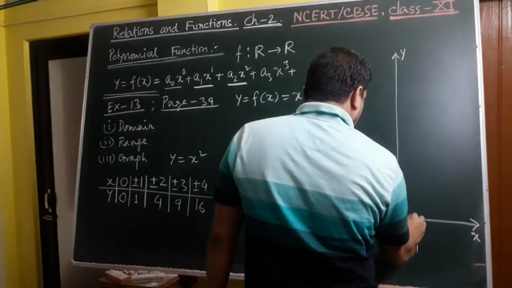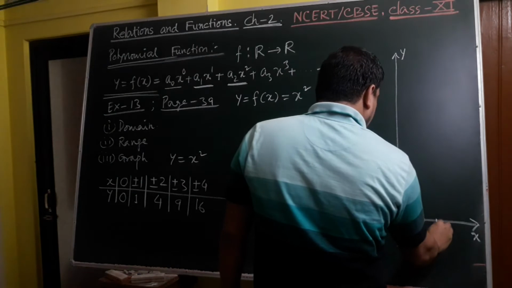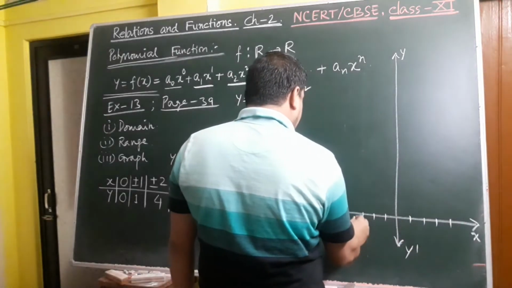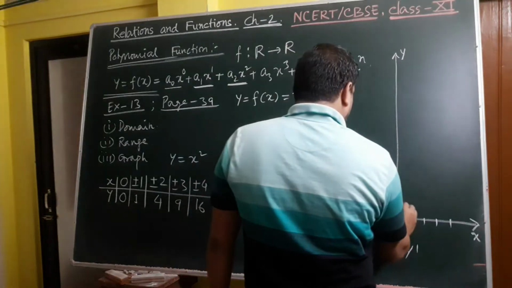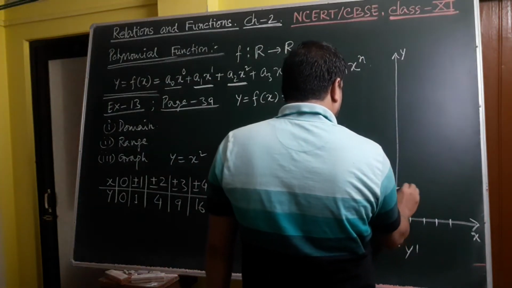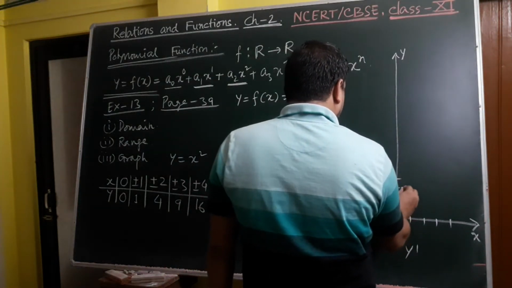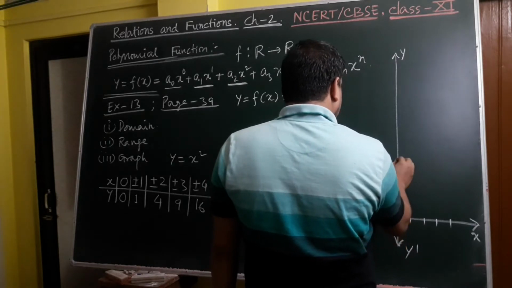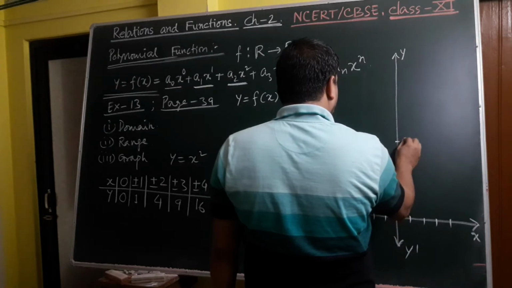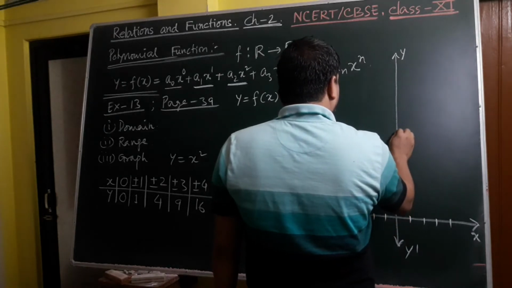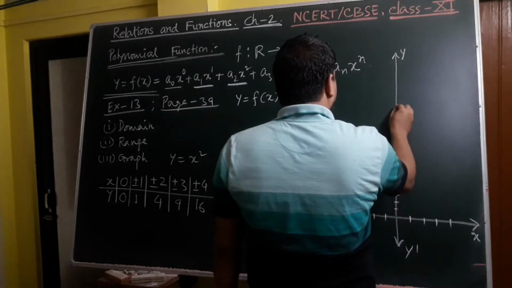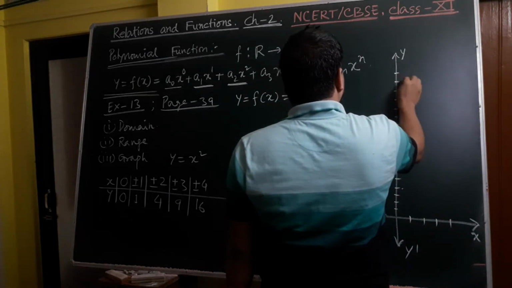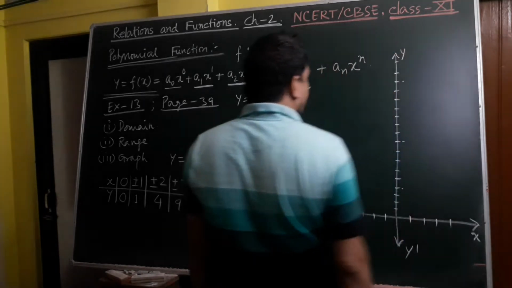This is the x-axis, 1, 2, 3, 4, minus 1, minus 2, minus 3, minus 4, and on the y-axis 1, 2, 3, up to 18, like this.